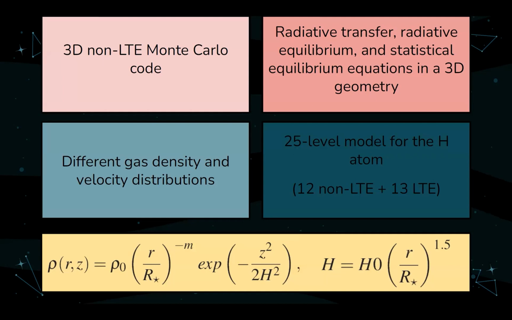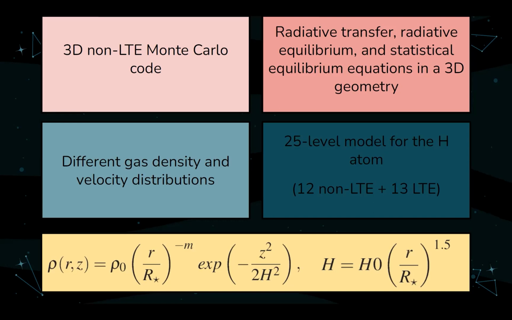It's only for hydrogen, of which the first 12 levels are in non-LTE and the other 13 in local thermodynamical equilibrium. And this is the density that we are using. There's the central density at the base of the disk, there is a power law in the radial coordinate, and it's a Gaussian in the vertical coordinate.